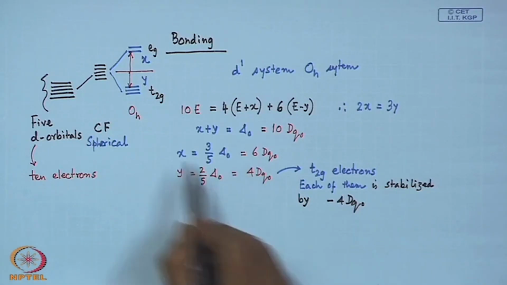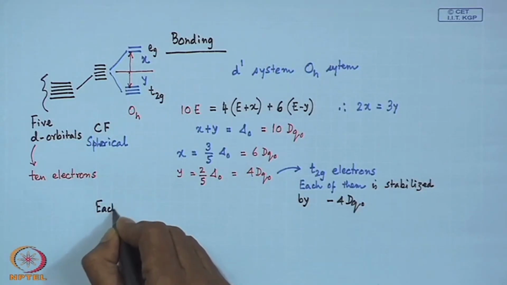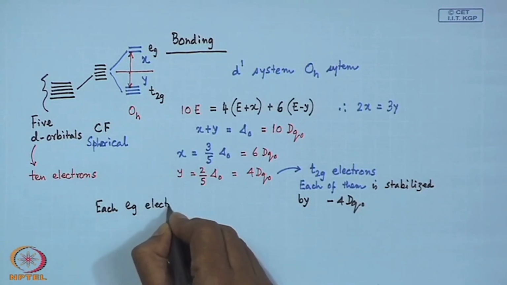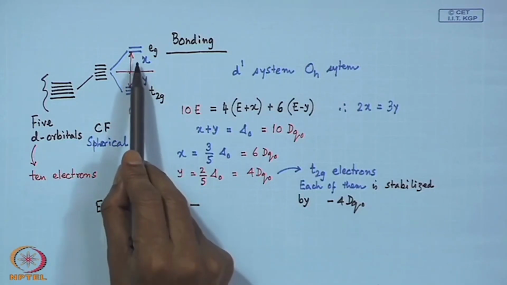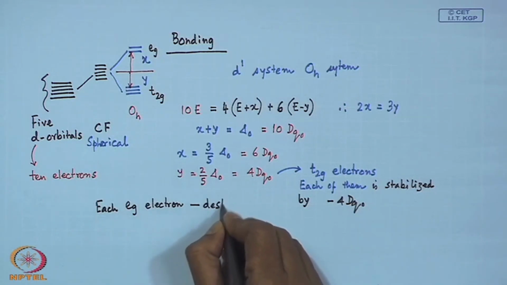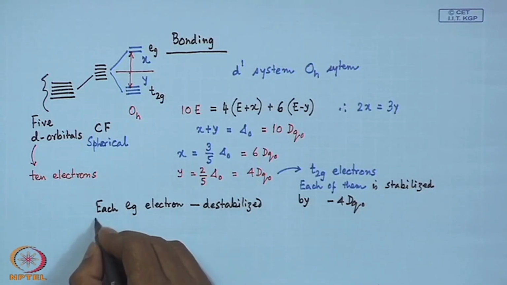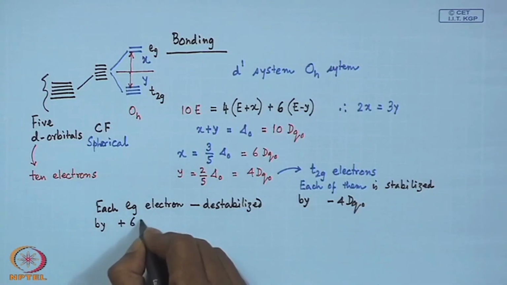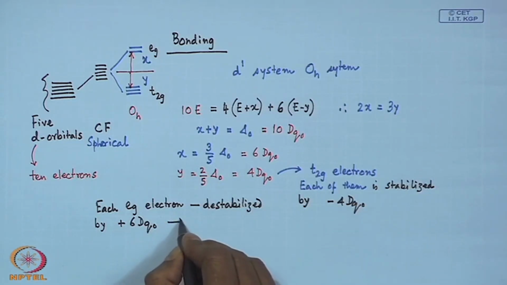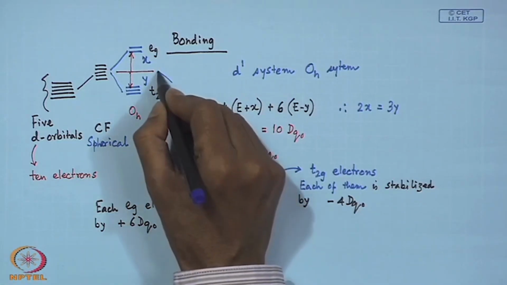That means it is lower in energy, and therefore, the reverse, each eg electron, which is in the upper level, would be destabilized by plus 6 Dq, and all these are with respect to the barycenter, which is this one.